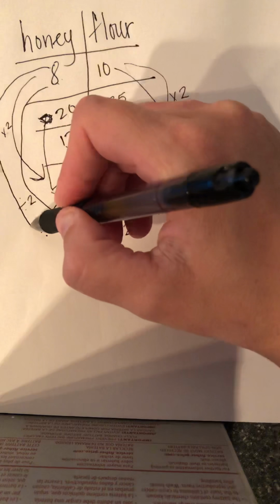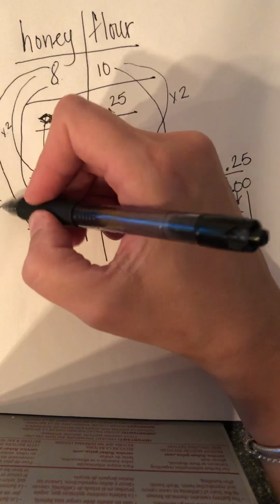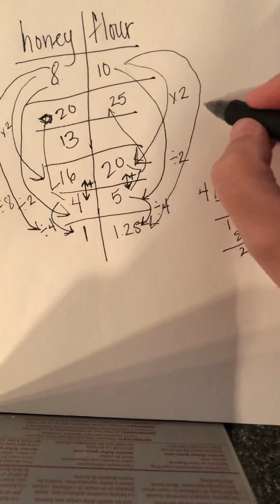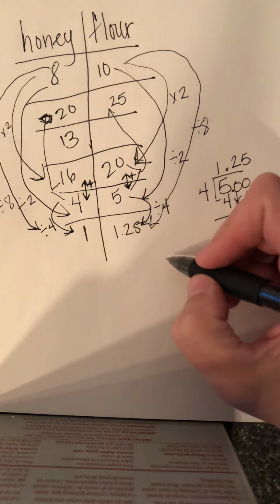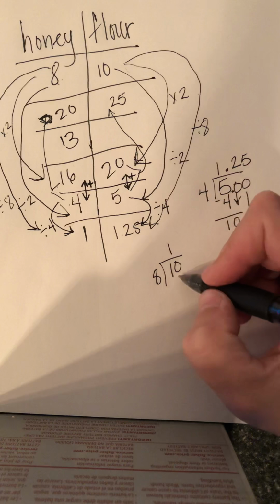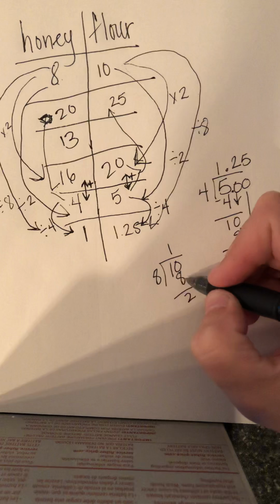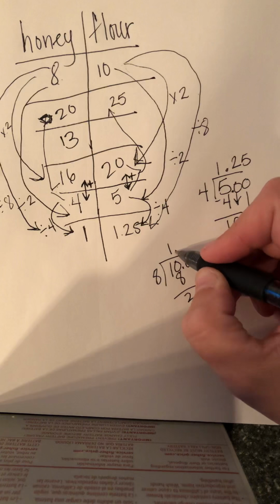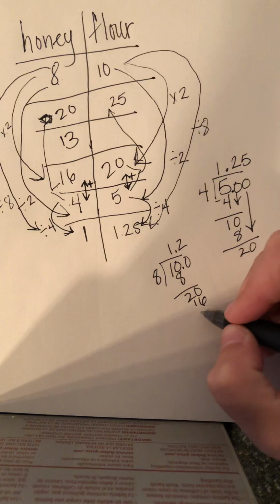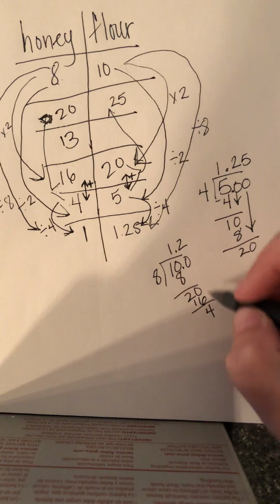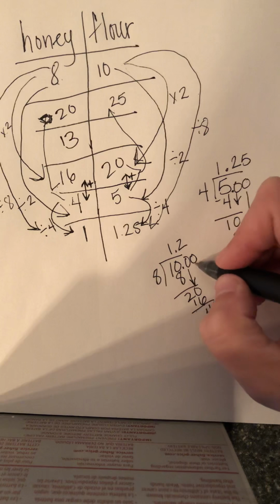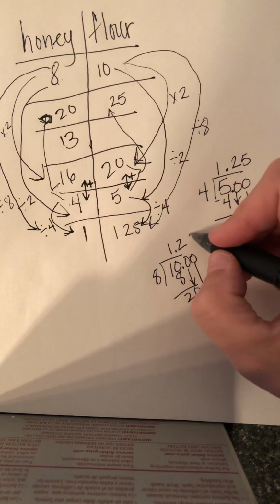So if I go from 8, I would divide by 8. 10, I would divide by 8. So I would take 10 divided by 8 is 1.25.